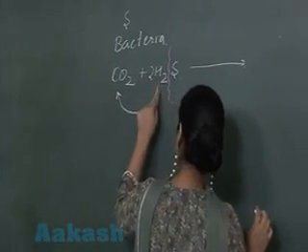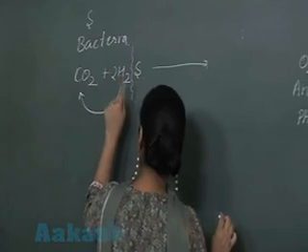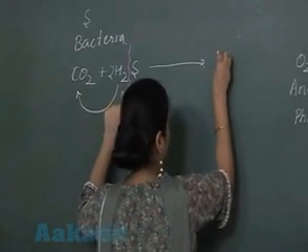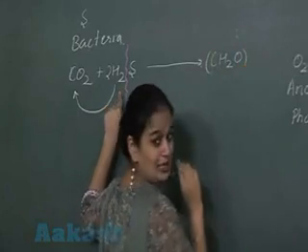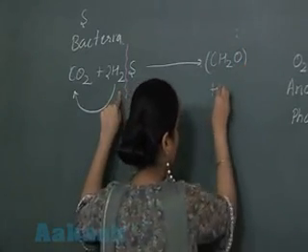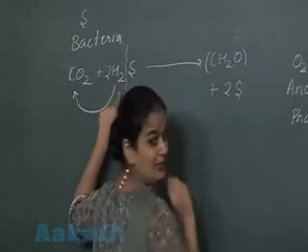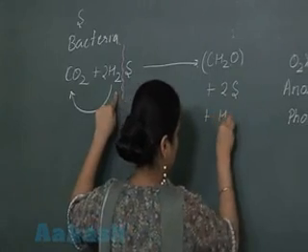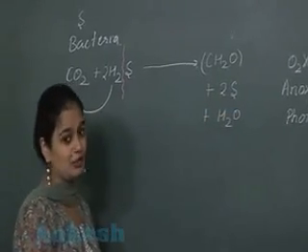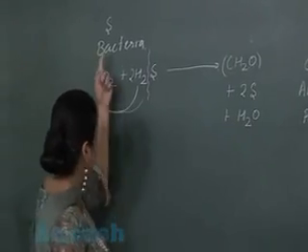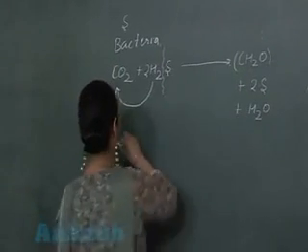So instead of carbon dioxide, there is a splitting of H2S, which results in the formation of carbohydrate. Along with that is production of elemental sulfur and water. So this is the equation of photosynthesis in this anoxygenic bacteria.